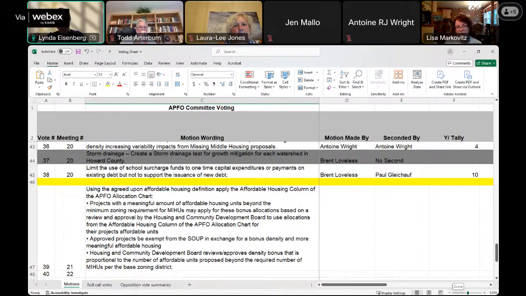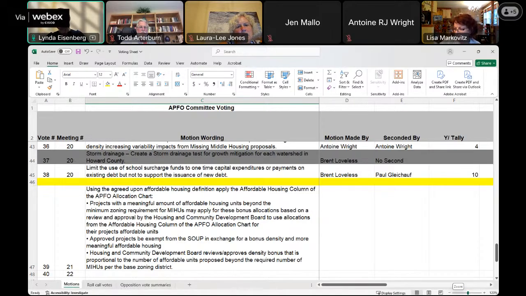And then the other recommendation, and this had UPP, I changed it to the SOUP now, is that approved projects be exempt from the SOUP in exchange for a bonus density and more meaningful affordable housing, so incentivize it even further. And then the Housing and Community Development Board reviews and approves a density bonus that is proportional to the number of affordable units proposed beyond the required number of MIHUs per the base zoning district.